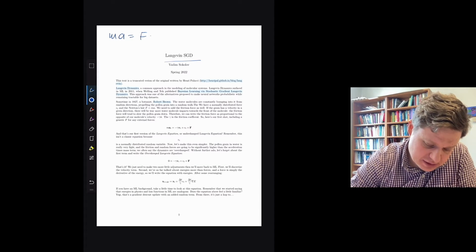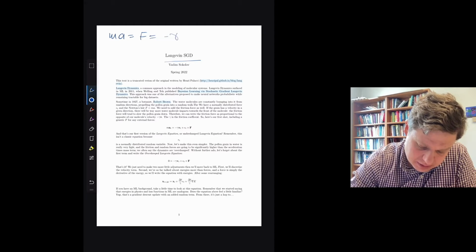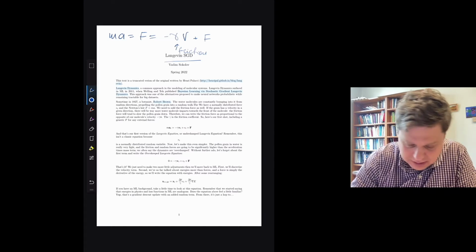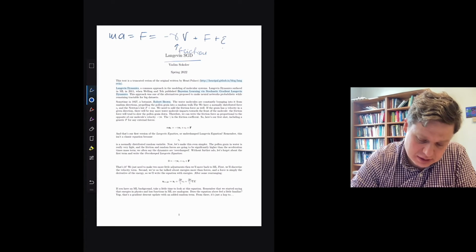So in this case, the force equals some minus gamma times the velocity, and that's the friction force, plus some other forces that affect the particle. Plus, we're going to add this, we're going to call it epsilon, which is some random force.